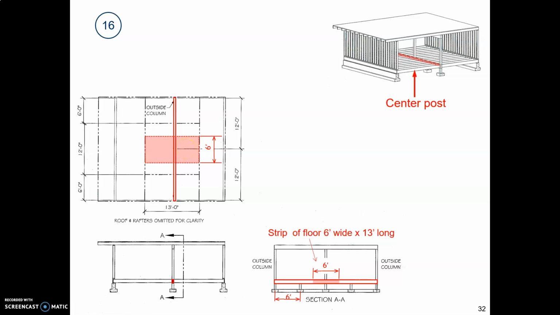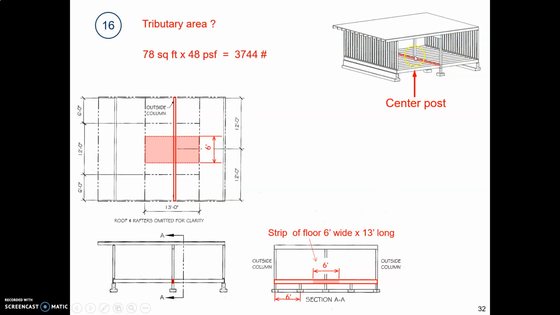So there's another 78 square feet of area times 48 pounds per square foot. That area weighs 3744 pounds, and so that's coming down on that center post.